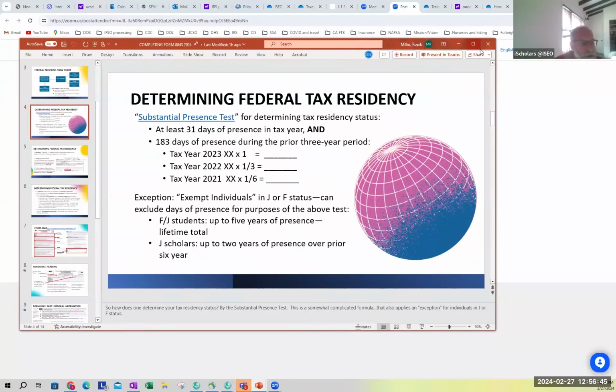Next question. I was living in the U.S. in 2023 as a J1 and received payments from UCSD. However, in December, my wife and 2 kids joined me. Can I ask for a tax refund based on the fact that I was no longer a single person for tax purposes and had dependents? So this is one of the big differences between residents and non-resident aliens for federal tax purposes.